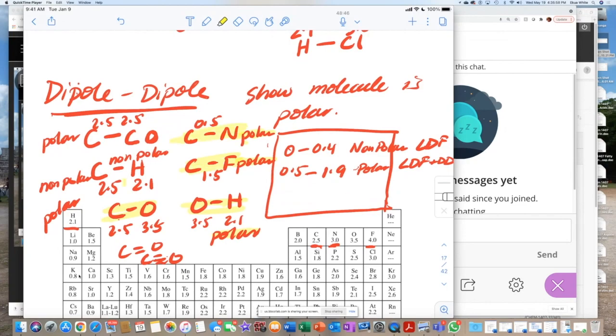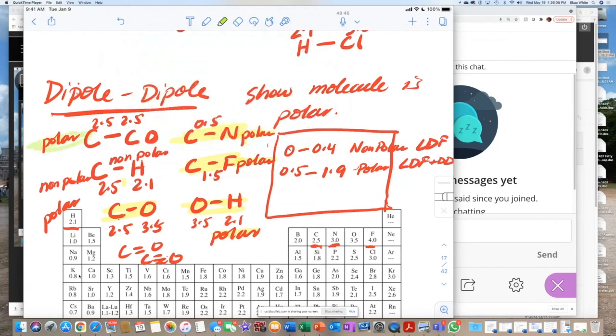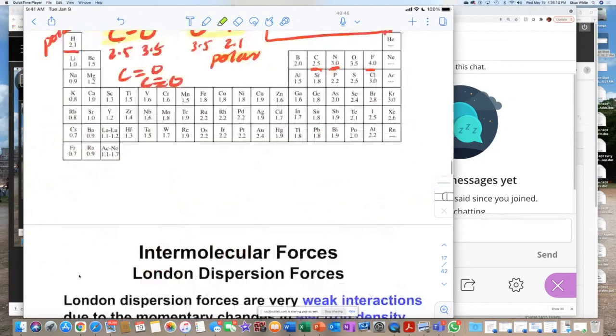So we're seeing here that C and C bonds are nonpolar. This is very important from here on. And then C and H are also nonpolar. What does this mean for the future?